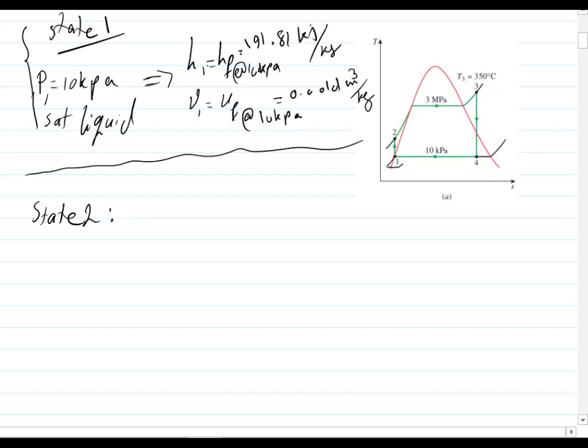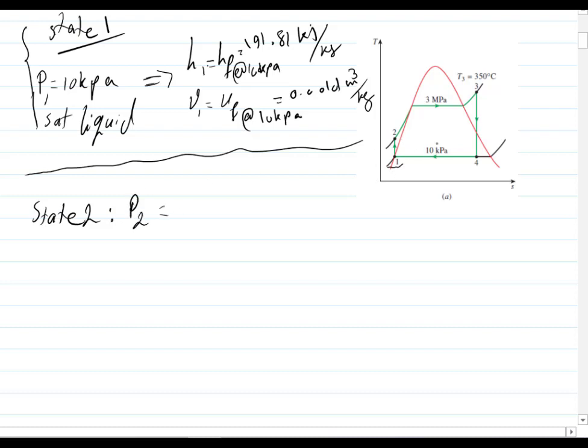What about state 2? You know, this process 1 to 2 is in the pump. So the process between these two states is equal to the work which is required for the pump, the pump work in of the cycle. For state 2, the information which we have is, first of all, the pressure for state 2, P2.